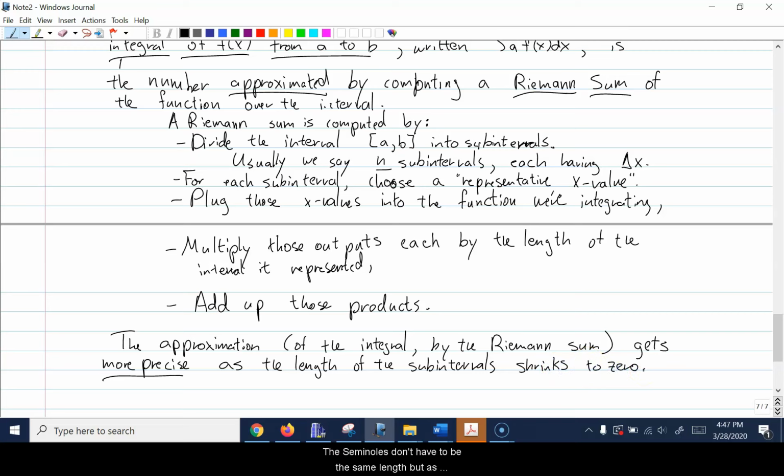The subintervals don't have to be the same length, but as long as the biggest of your subintervals is very small, then this Riemann sum will be a good approximation of the integral.